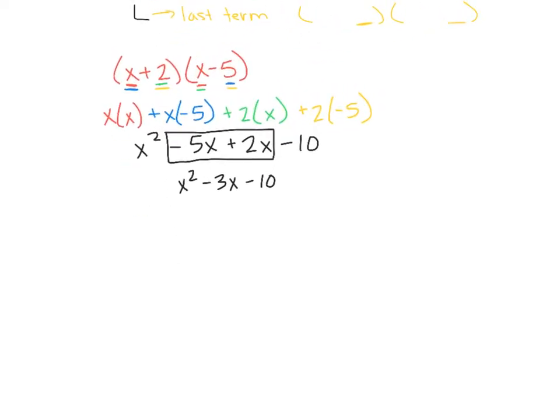So let's look at one more doing the FOIL method. We have x plus 5 squared, and what that means is x plus 5 times x plus 5. So we're going to look at our first terms.